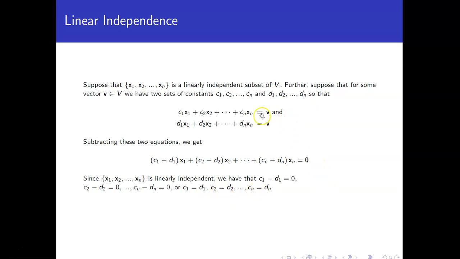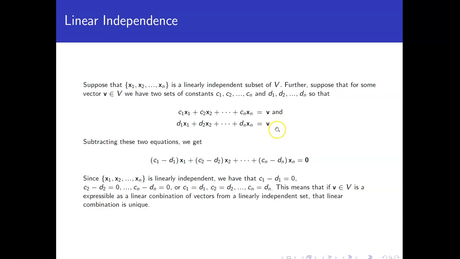That means that if we have two linear combinations that give me v, they're actually the exact same linear combination. So if a vector is expressible as a linear combination, that linear combination has to be unique. That means we get unique representation of these vectors by vectors in our linearly independent set.